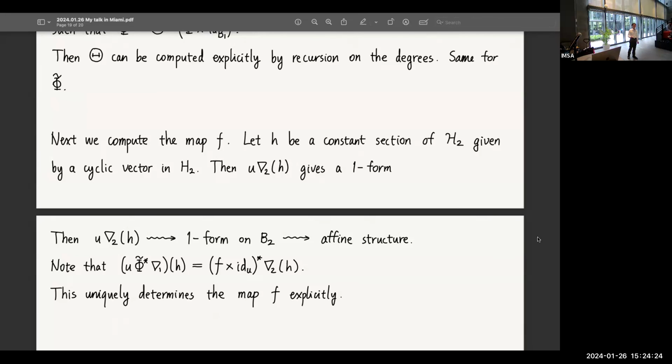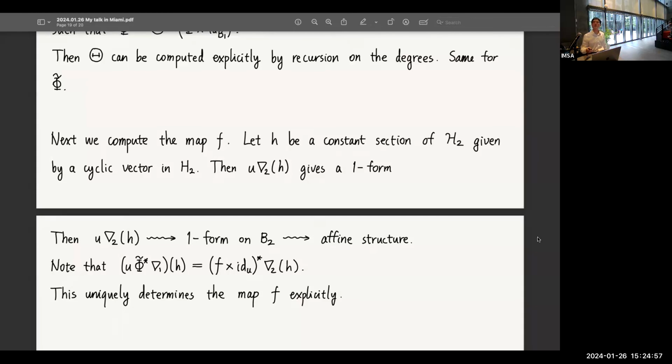So now we get the affine structure, and we have this equality between the pullback of this affine structure by F and the gauge transformation by phi tilde that we already know. And this uniquely determines the map F.